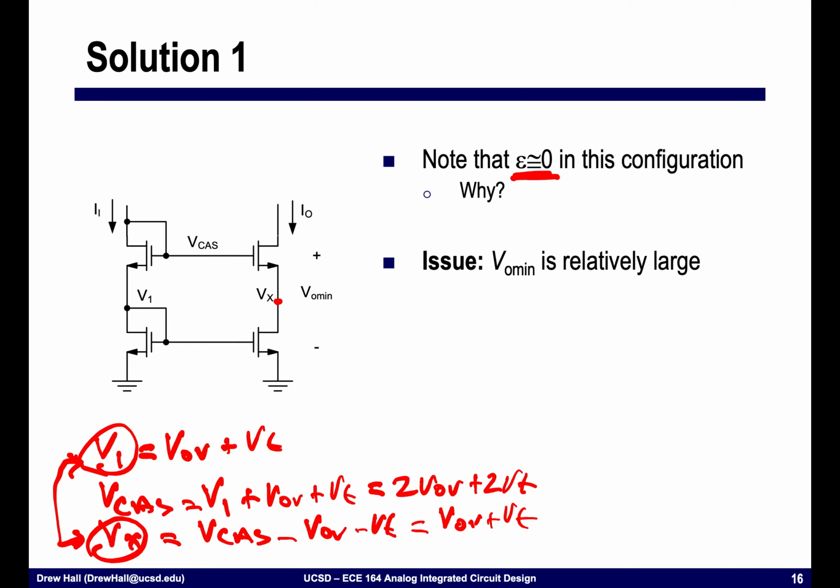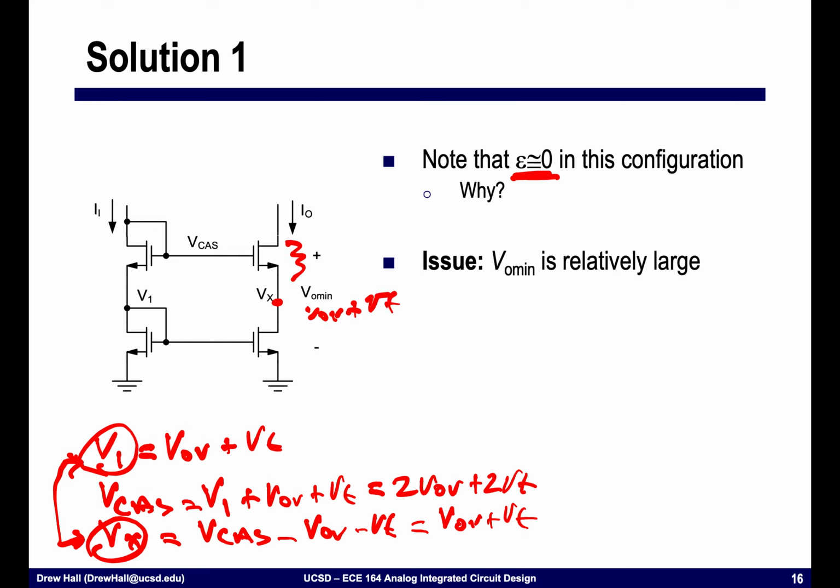The only issue, as I just mentioned, is that the output minimum voltage is relatively large. And it's pretty obvious to see from this example, because the minimum voltage that I need to keep these transistors on the right side in saturation here is equal to VOV plus VT.